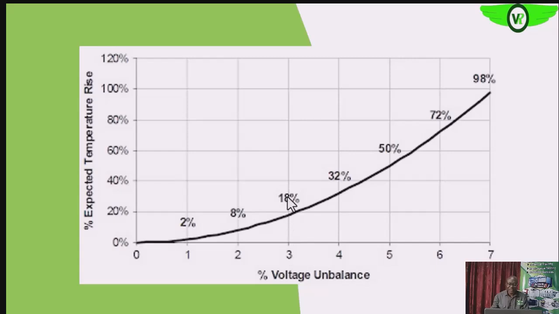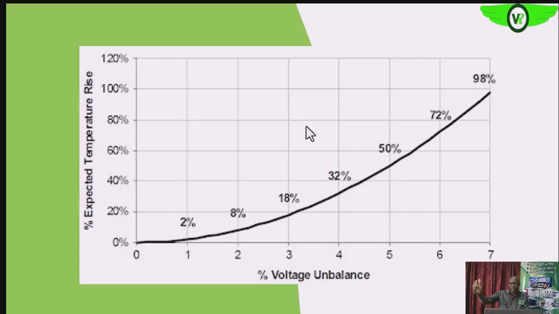Then 3% unbalance, you can see, are we getting it? Say we have a temperature rise from the ambient during normal operations of about 40 degrees Celsius. You can see that 2% voltage unbalance can cause a temperature rise of about 4 degrees Celsius.